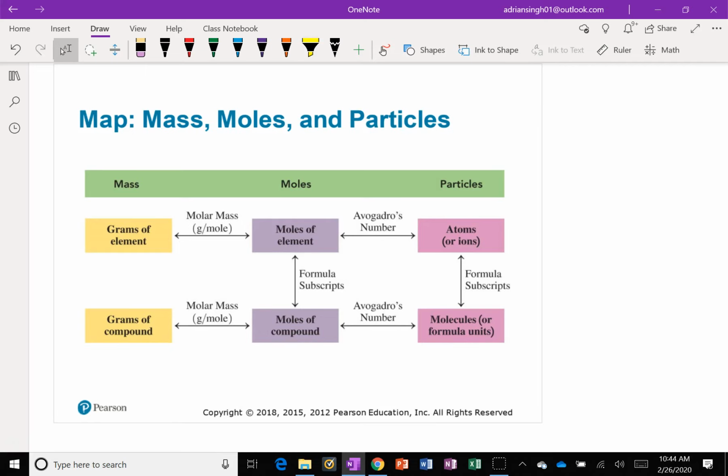Using this type of setup, the equalities, the conversion factors that result from the equalities, that's something we saw back in the metric conversions. We're seeing it right now, and we're going to see it again when we start looking at our chemical equations that come after this. All right.